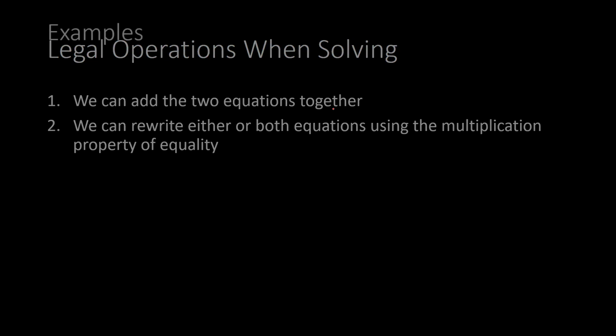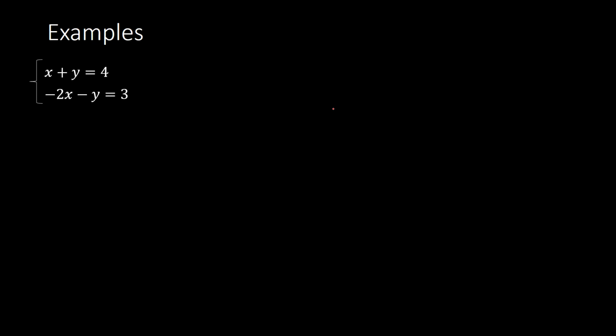So if you have an example, let's say you had x plus y equals 4 and negative 2x minus y equals 3. So here, if I try to add these equations, notice what happens. This y plus a negative y would cancel, leaving me with 0. X plus negative 2x would give you a negative x.